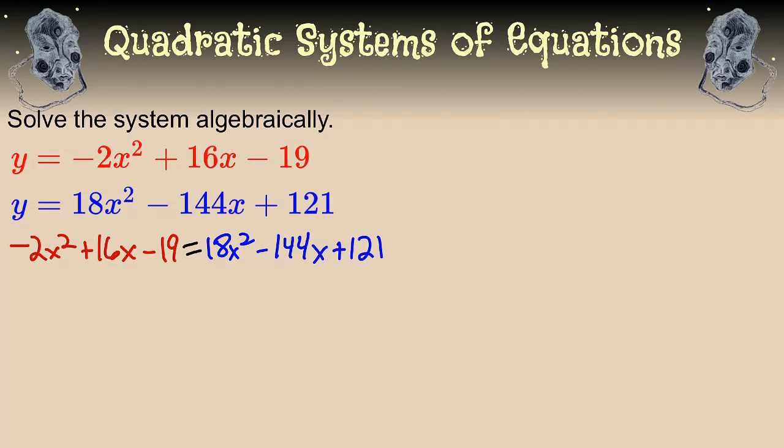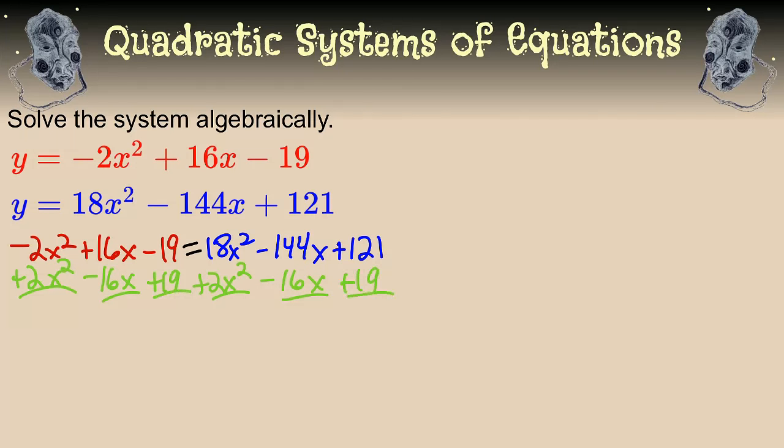I have a preference for positive a values in my quadratics. So here I'm going to move everything to the right. I'm going to add 2x squared. That way I end up with a positive a value. I'm going to subtract 16x, and I'm going to add 19.